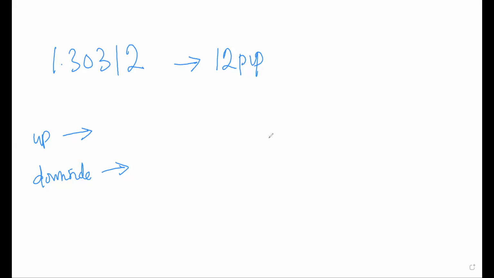Okay, so I can see a general response here. A lot of people are saying 1.30432. Okay, yes, you are right. Because like I said, this last digit, the 2, is meant to be ignored. You're going to act as though it doesn't exist.